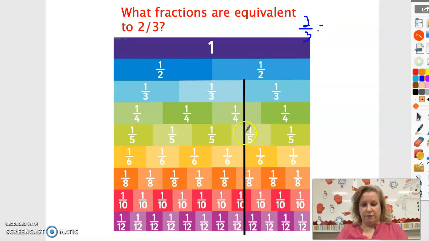Nope, we're in the middle there. Fifths, nope, we're in the middle there. Ooh, the sixths line up. So we've got 1, 2, 3, 4 sixths. Eighths, nope. Tenths, nope. And look at the twelfths, that lines up. So we've got 1, 2, 3, 4, 5, 6, 7, 8 twelfths. So 2/3 equals 8 twelfths.